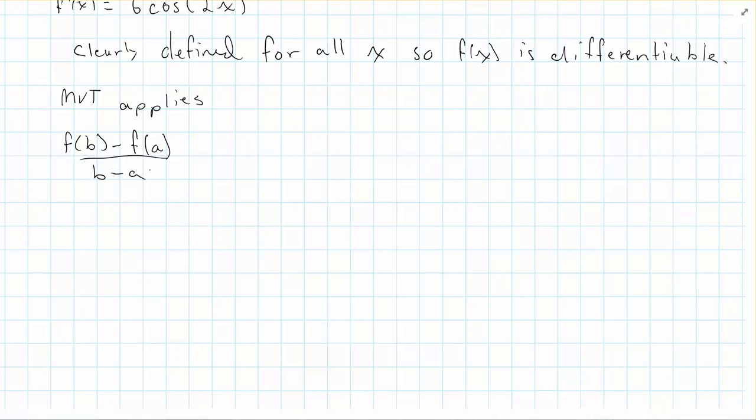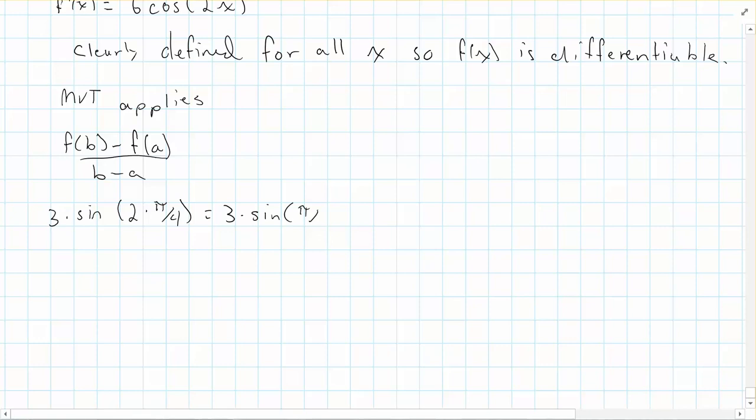So what do we do here? Well, we have 3 times the sine of 2 times pi over 4 as my f of b, which would be 3 times the sine of pi over 2, which is just 3. Then you have 3 times the sine of 2 times 0, which is 3 times 0, of course, which is just 0.